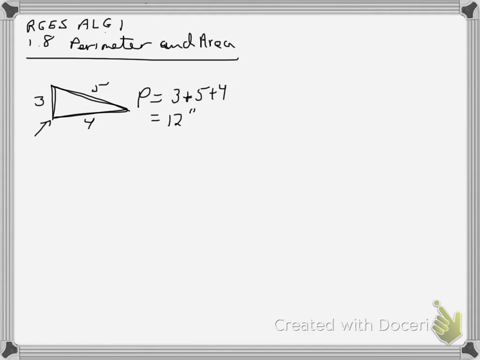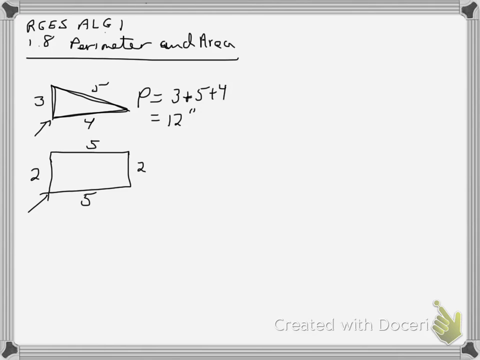Now, area is, by the way, so let's just do perimeter for this rectangle, poorly drawn rectangle here. Let's say this is 2, then this would be 2. Let's say this is 5, and this is 5.